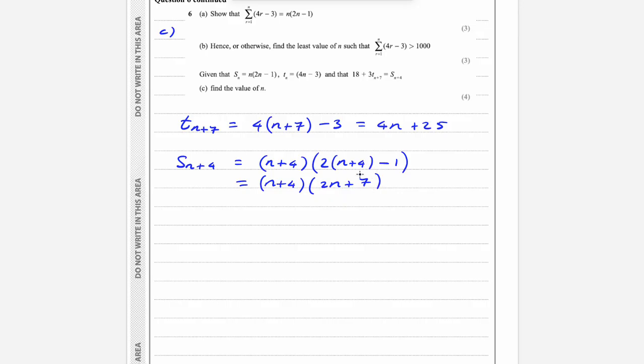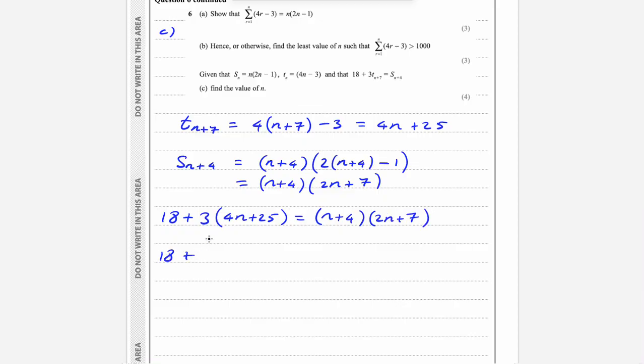Okay, now he says 18 plus 3 of these. So 18 plus 3 of these 4n plus 25, equals this, n plus 4 times 2n plus 7.